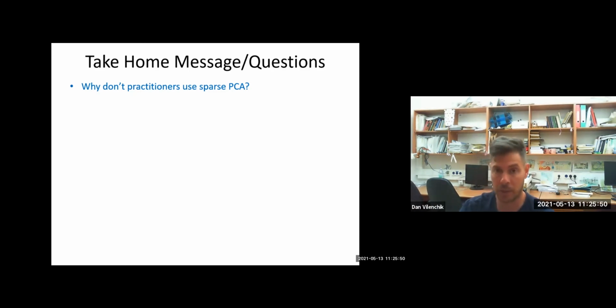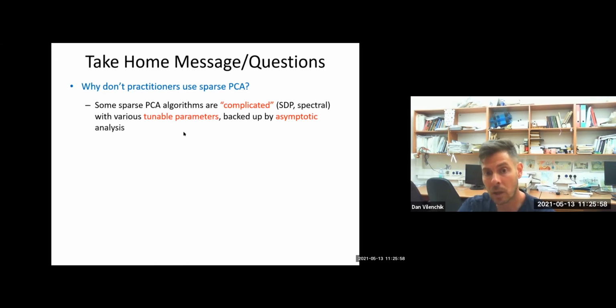And somehow it works, right? I mean, they don't use sparse PCA, perhaps because it works, the SNR is really large. And also, perhaps they could get better results if they used semi-definite programming, spectral algorithms, but somehow they don't use it. So these really nice theoretical results don't spill over to practitioners. They have many tunable parameters, and the analysis is asymptotic, so maybe it's less appealing.